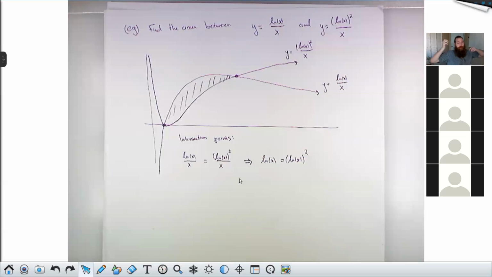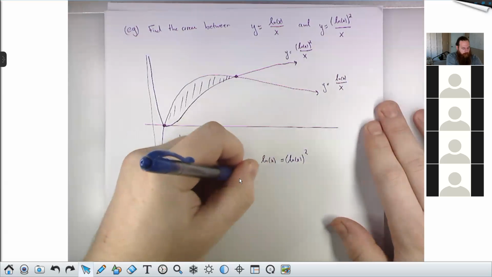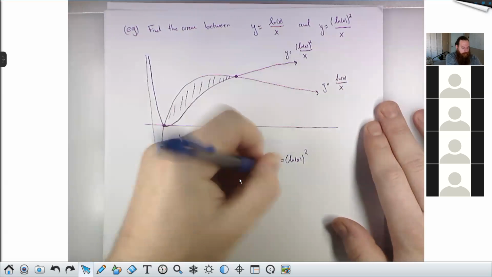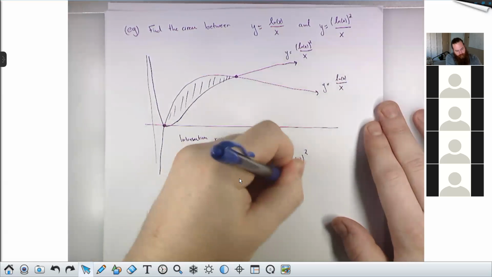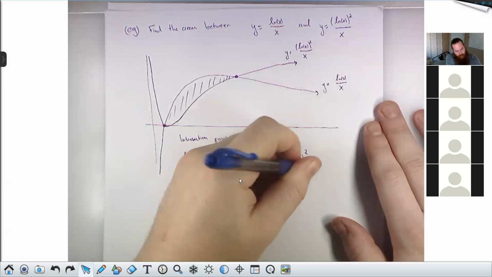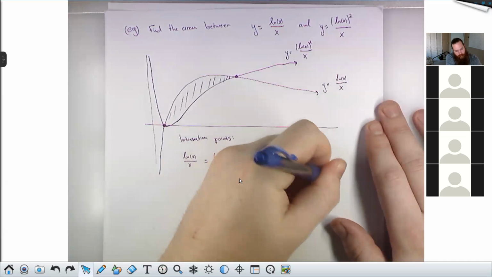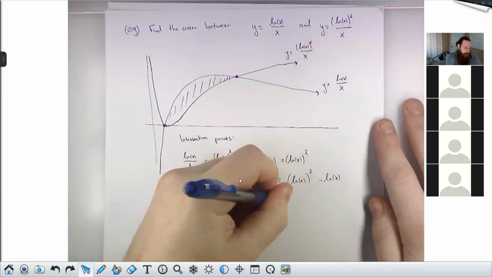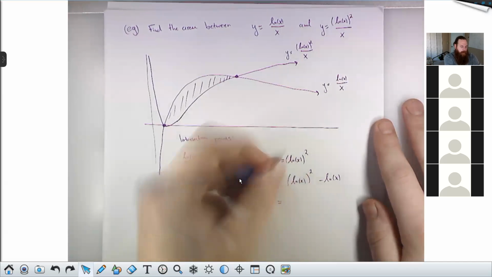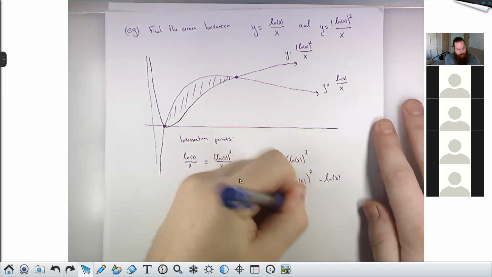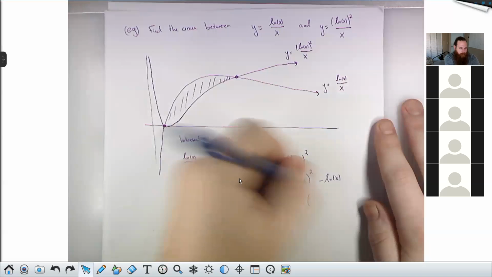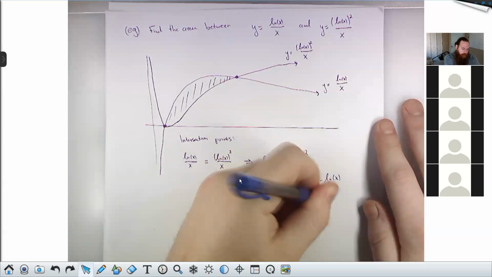And there are a couple of ways you could think about this. You could imagine making a little substitution in the equation, or you could pull everything to one side and factor. If you factor an ln x out, what's left is ln x minus 1.